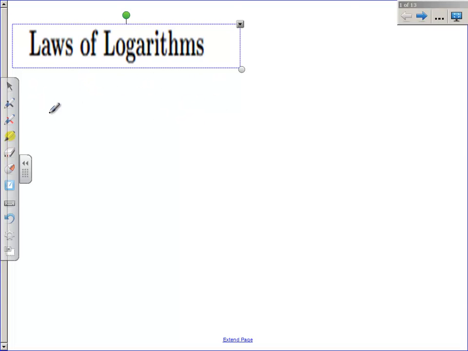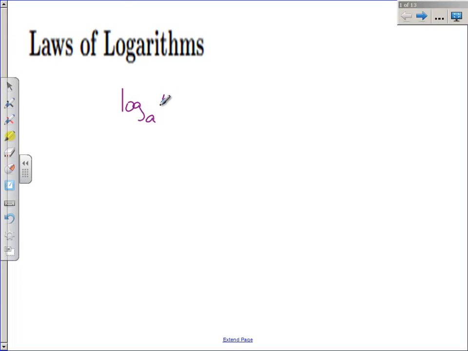One thing I want to add before we go is that if I have the log base a of x, I'm going to require that x be positive. We can't take the logarithm of anything that's negative or even 0.